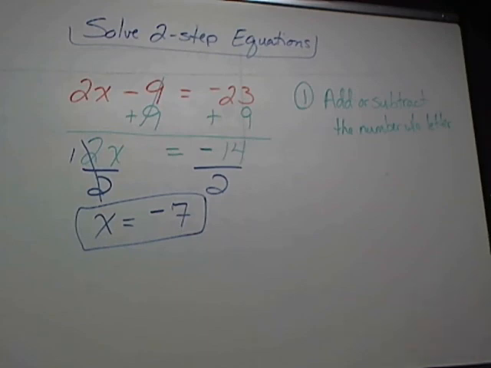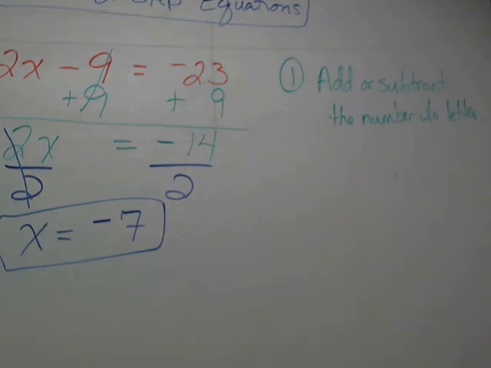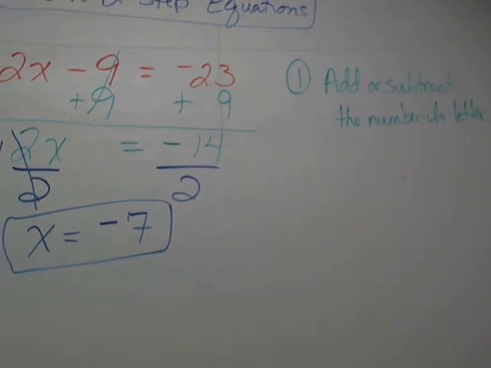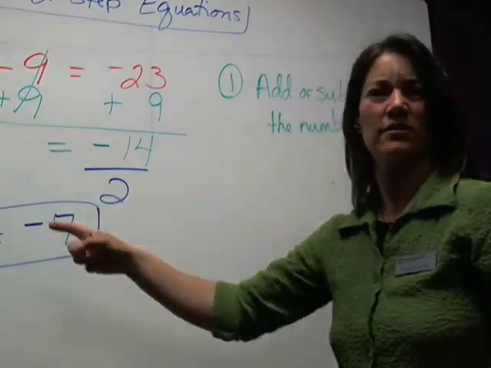Always add or subtract the number that's without the letter when we have these two-step equations. That will give the term with the variable all by itself.